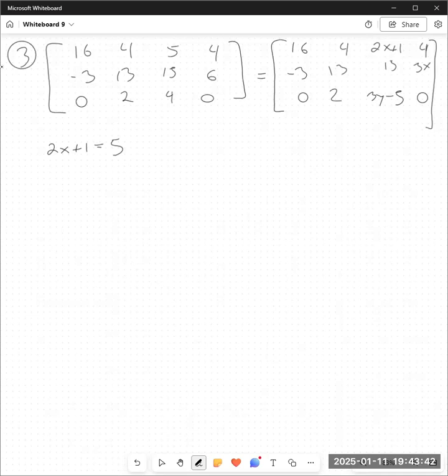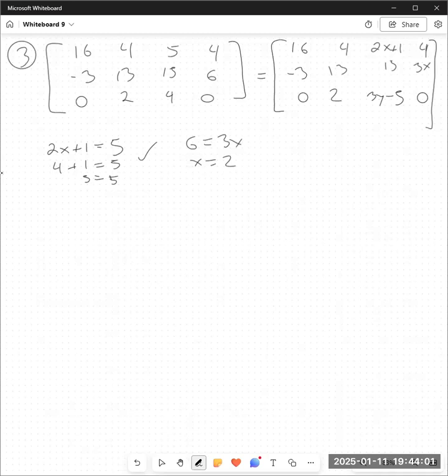Let's keep going here. 15 equals 15, so 6 equals 3x. That's going to tell us that x has to be equal to 2. So 4 plus 1 equals 5. 5 equals 5. Check, x is equal to 2.